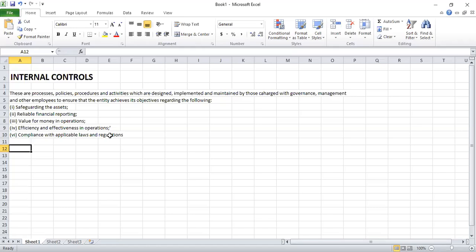Then we look at the component, like internal controls can be manual. Can be manual or automated. For example, when we're talking about a manual control, we can say the gate is locked when everyone goes out of the office.